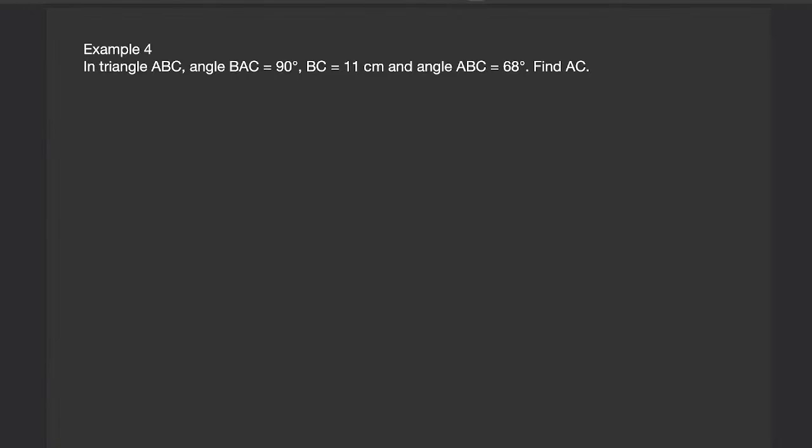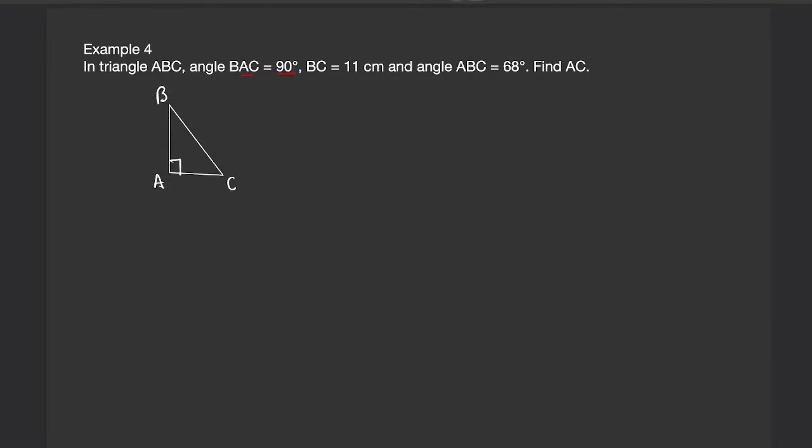We know we're dealing with a right angle triangle, so our first step is to draw one. My right angle is this corner right here, and I know that it's labeled A because angle BAC is equal to 90 degrees.